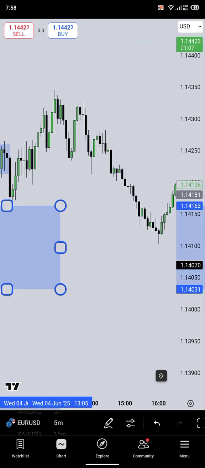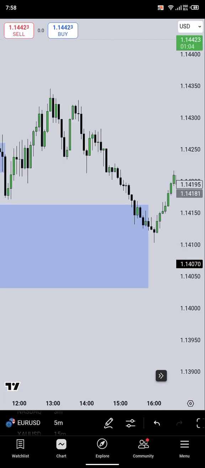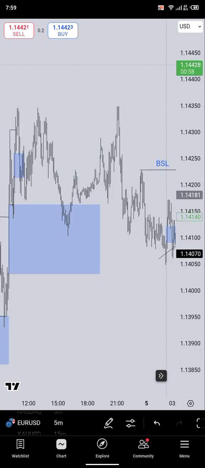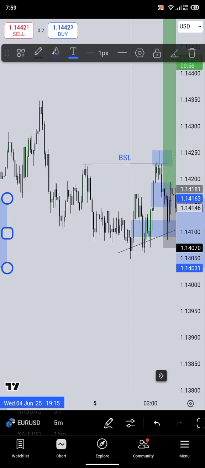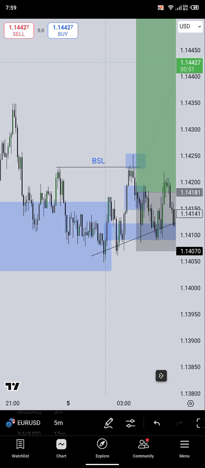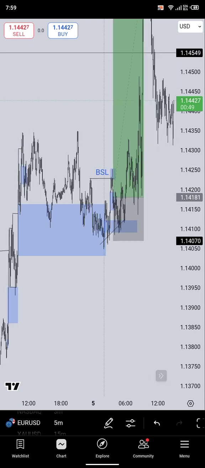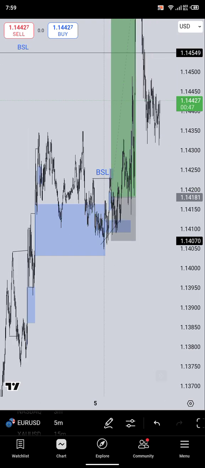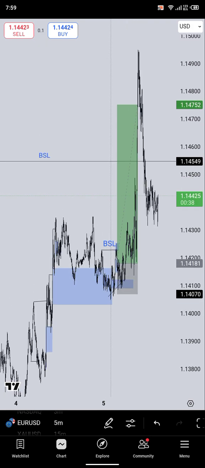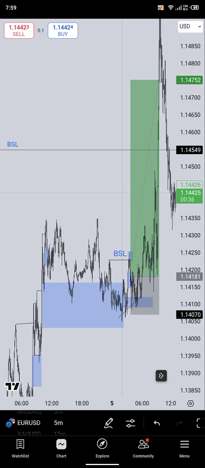Let me mark that out so that we can see it. Notice that all this price action happened still inside of our previous day fair value gap. So there was no need for price to go down below seeking buys.